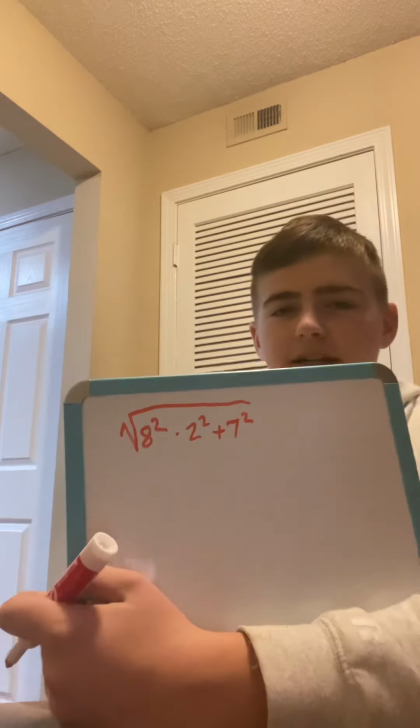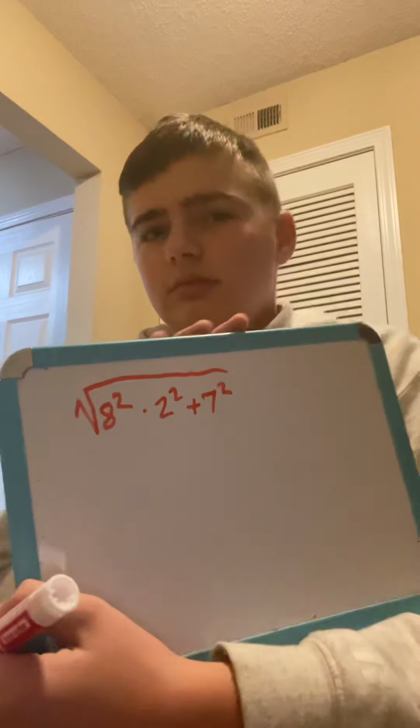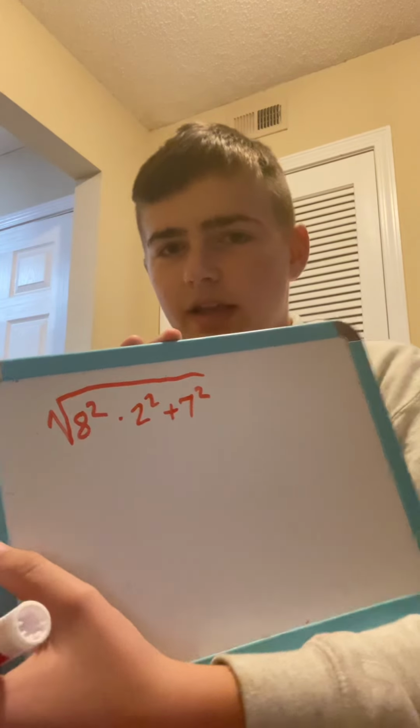All right, here's our next one. Square root of 8 squared times 2 squared plus 7 squared.